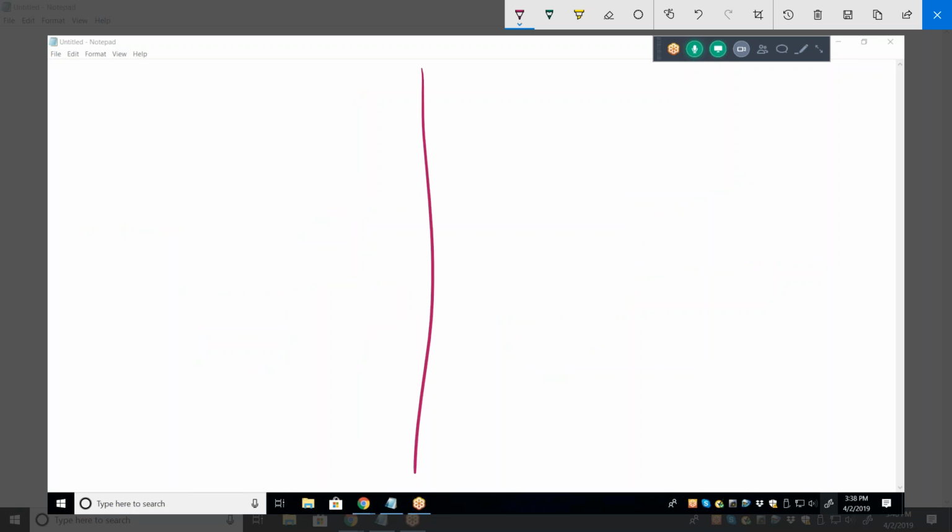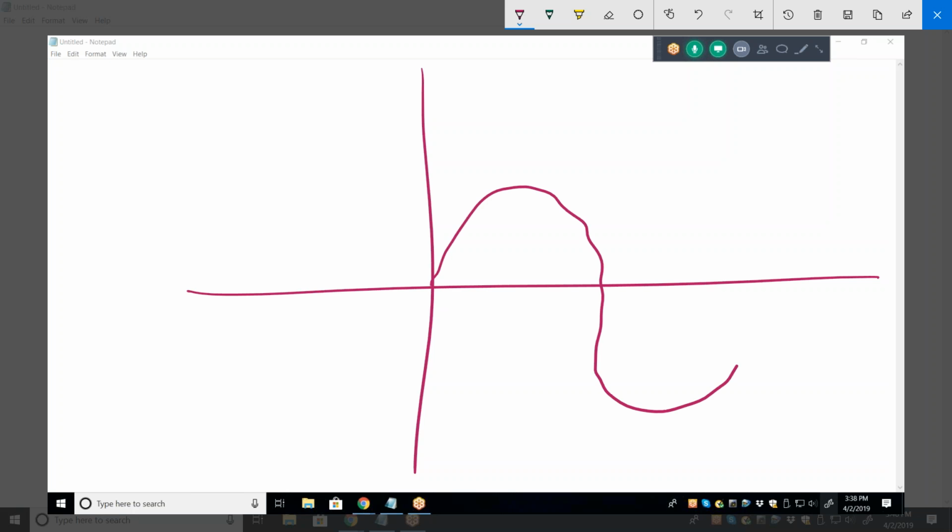If I go from 0 to pi, that's not horizontally 1-to-1. So if I invert that, I don't have a function. I have to have something that is a function.